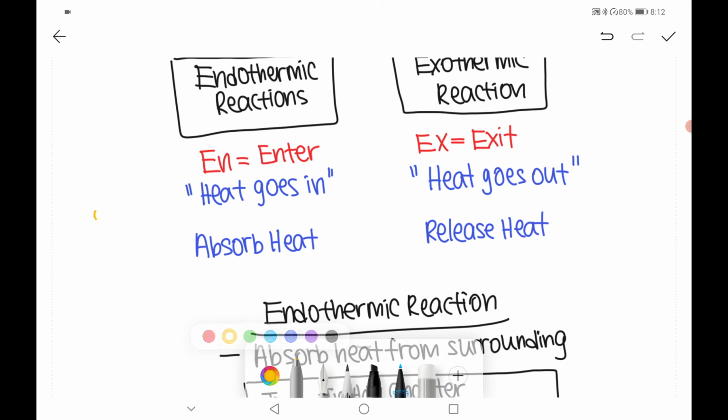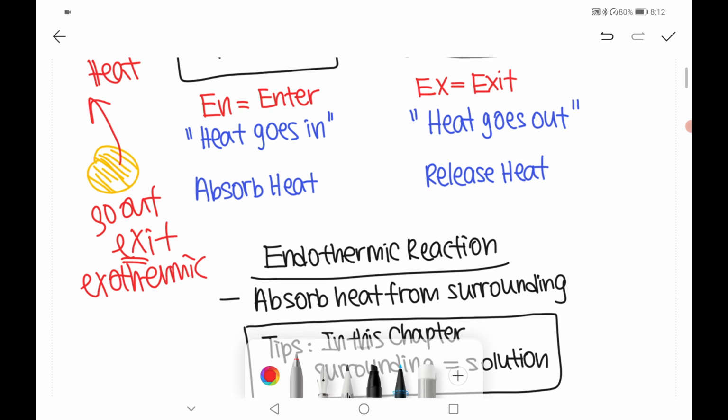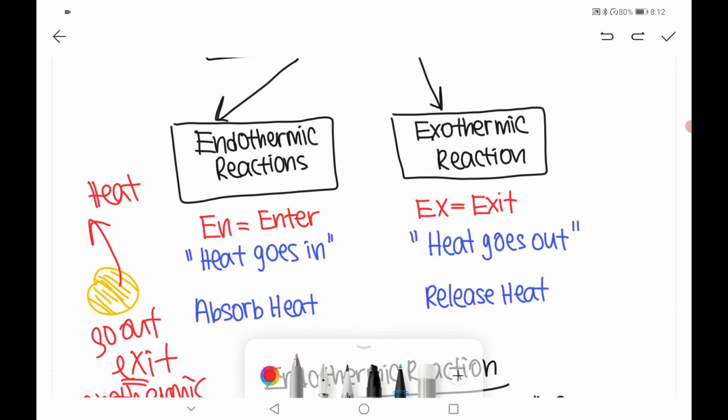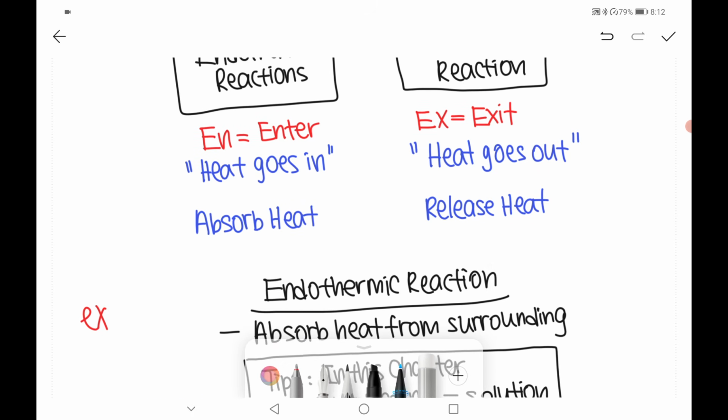If this chemical substance releases heat, if the heat goes out from the chemical substance, go out means exit, EX, exothermic. So any chemical reaction that absorbs heat is endothermic, and any chemical reaction that releases heat is an exothermic reaction. I hope you guys can see the difference between endothermic and exothermic reactions.